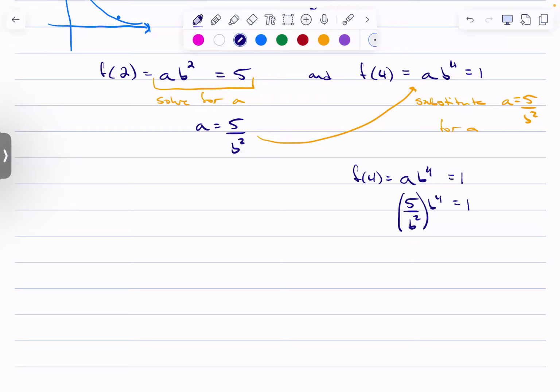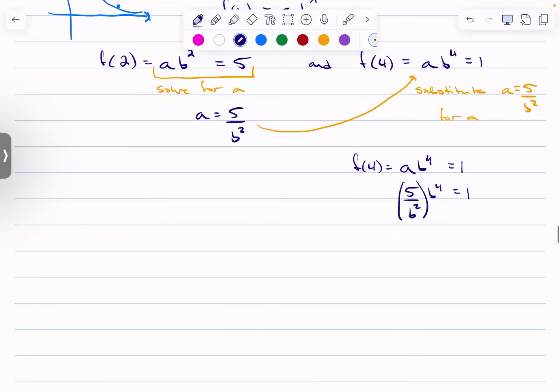But now I've substituted the a, and I'm only left with b's now. That's nice because it's going to let me solve for b, right? And so now, solve for b. Using our exponent laws, right?